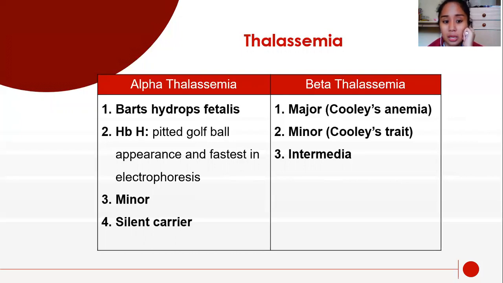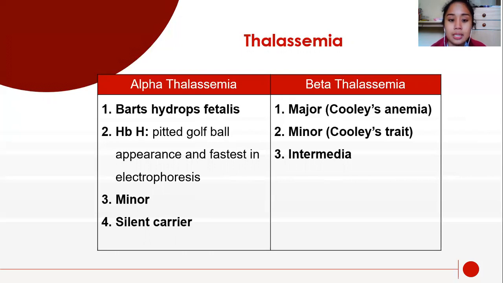This can happen if there is the complete absence of alpha globin. Of course, we can't diagnose the stillborn baby. But when there is a stillborn or the mom had a miscarriage, we can attribute it to alpha thalassemia.